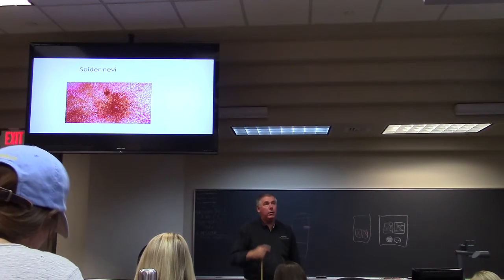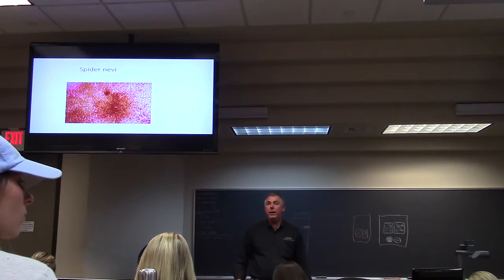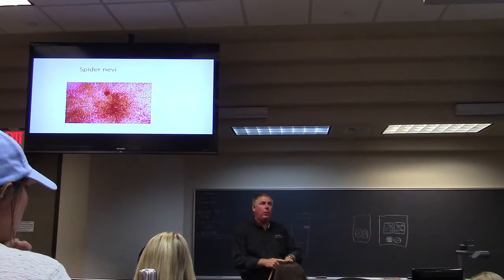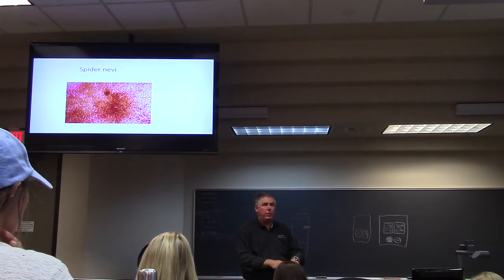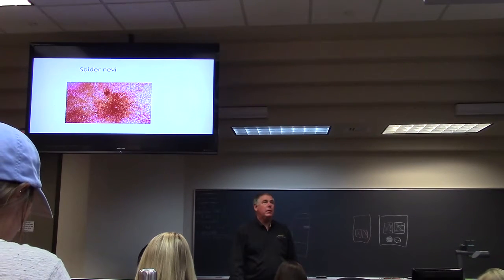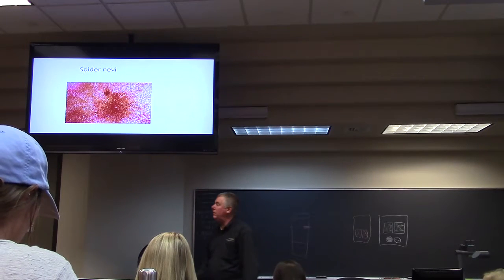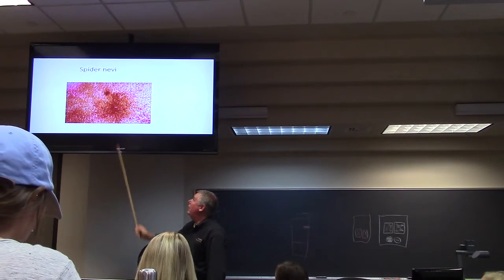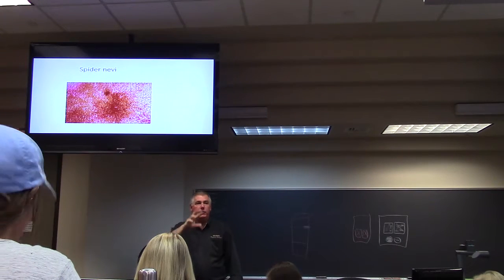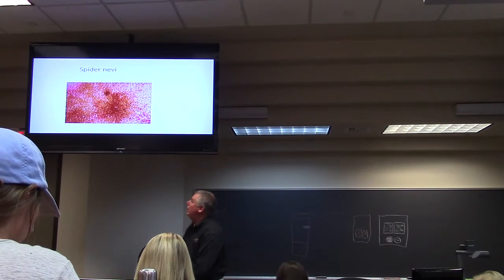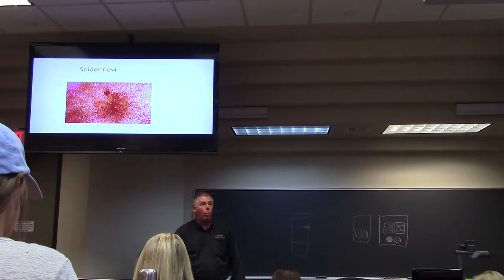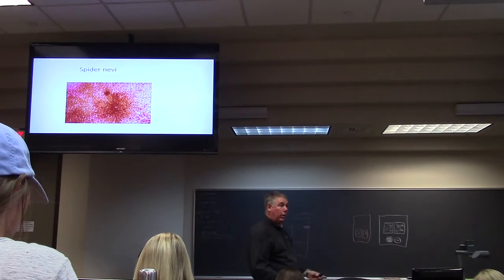By the way, when you put pressure on these spider angiomata or nevi, you can blanch them, and when you take the pressure off, they come back. Spider nevi are similar to the angiomata, except there's not a specific body of the spider. It's more of a diffuse erythema, more like a mole rather than what looks like a spider.